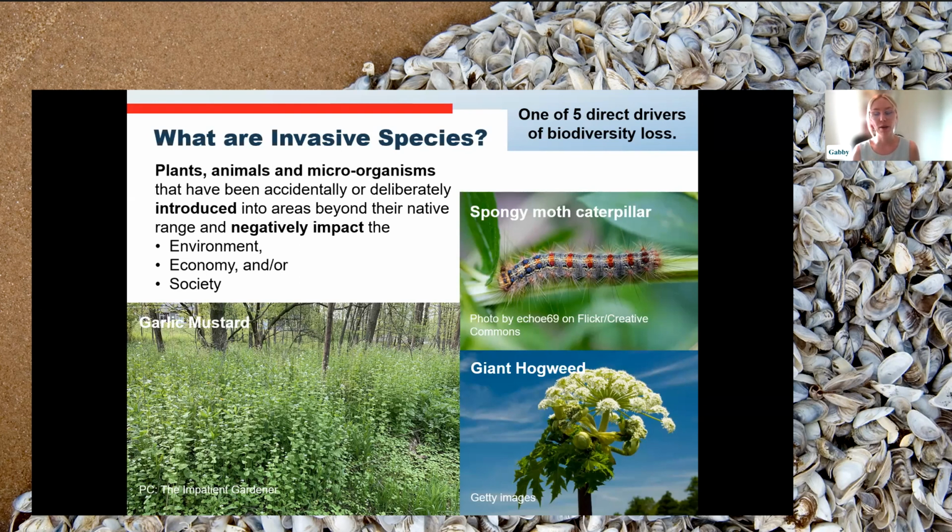So impacts on the environment or ecosystem, impacts on the economy or industry, and impacts on society, which would include human health. So as you can imagine, invasive species that hit 1 or 2 or even all 3 of those categories, the more the merrier really. The more categories that hit, the more impactful these invasive species are. And a lot of them that we're going to talk about today will hit multiple categories.